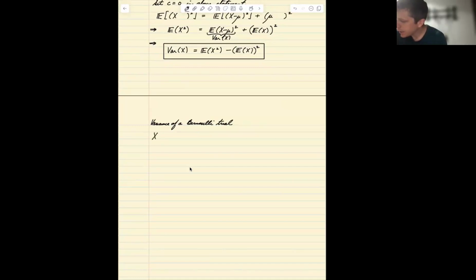A random variable x is Bernoulli(p) if it has a probability mass function which assigns value p to the value 1, and otherwise it assigns value 1 minus p to 0. Sometimes we write this as q, but we don't have to.